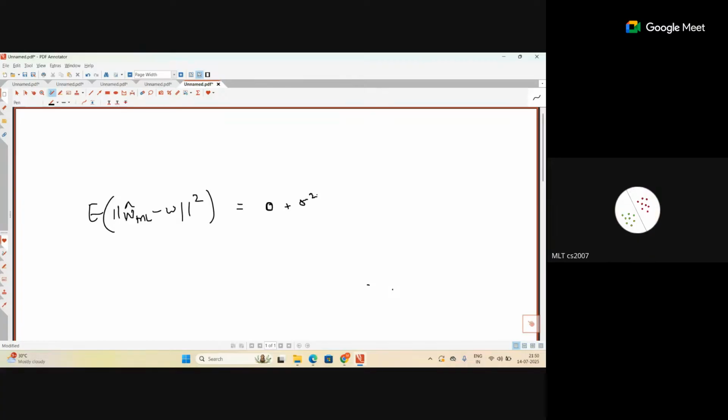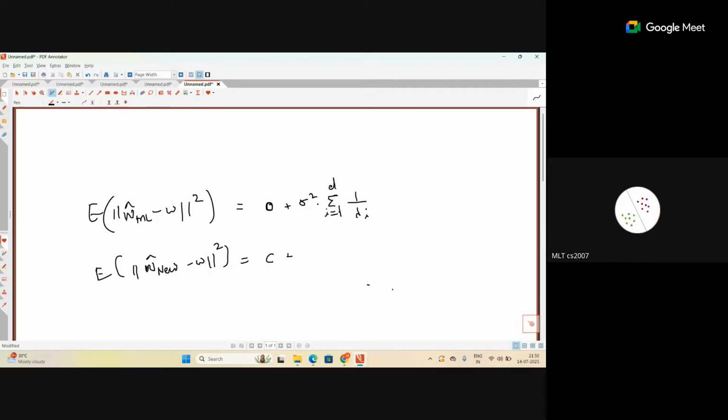Variance is sigma square into the summation of i equal to 1 to D of 1 upon lambda i. And then there is the expectation of W new hat minus W, squared, which is C plus the variance, where C is the bias square.